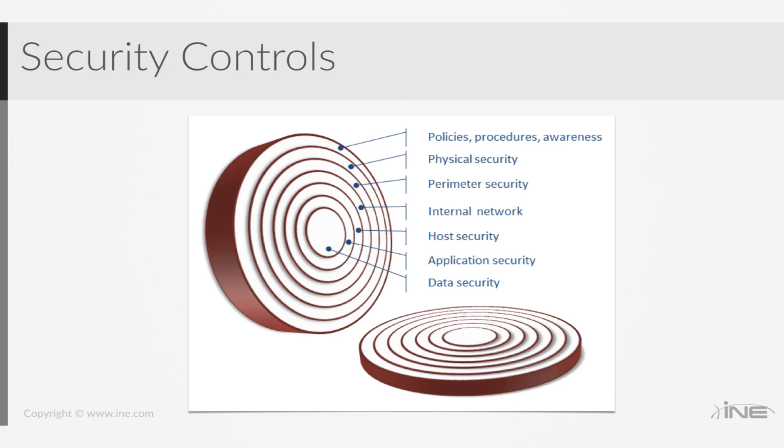Then there's perimeter security. Okay, now we're starting to talk about network, right? So your firewalls, your IPS, and you have your internal network security. You have your host security, application security, and even data security, right? So security needs to be applied at all of these levels, and this is what is called a defense in-depth approach to enterprise security.